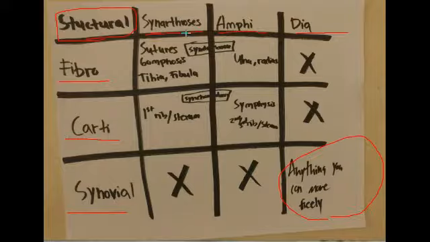So the synarthrosis joints, these are joints that don't move at all, such as the sutures in your skull. These joints don't move at all, and they're fibrous. That's why they fall under this section right here.